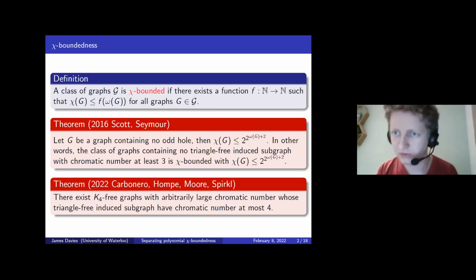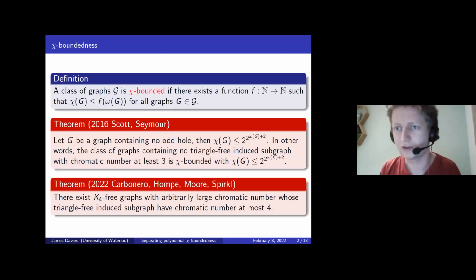If that was true, that would have been amazingly powerful, but also a kind of strange thing. If you look at the definition of chi-boundedness, the clique number is used right here. It appears in the definition. So you'd expect cliques to be important for chi-boundedness in general. What that conjecture was saying is that they had nothing to do with it.